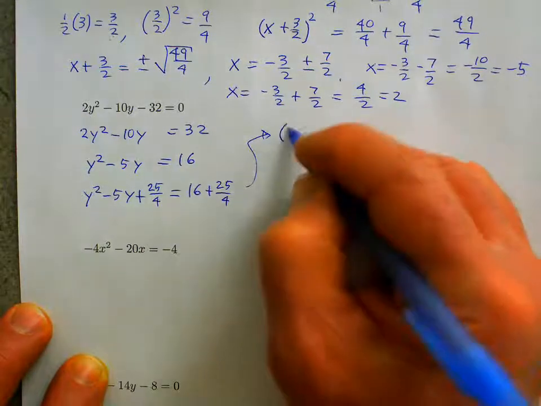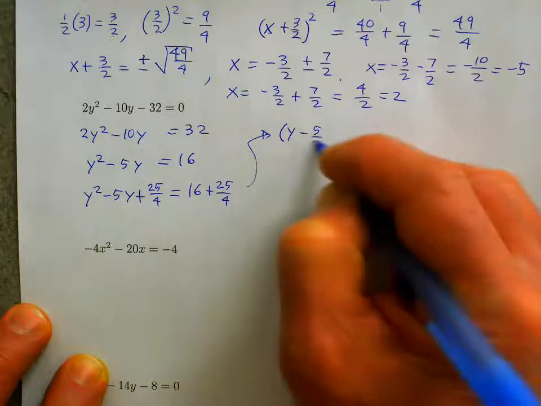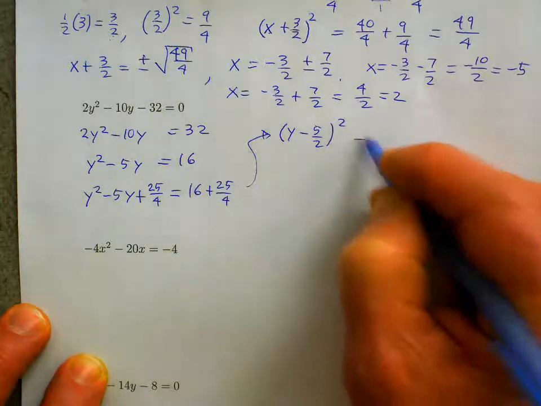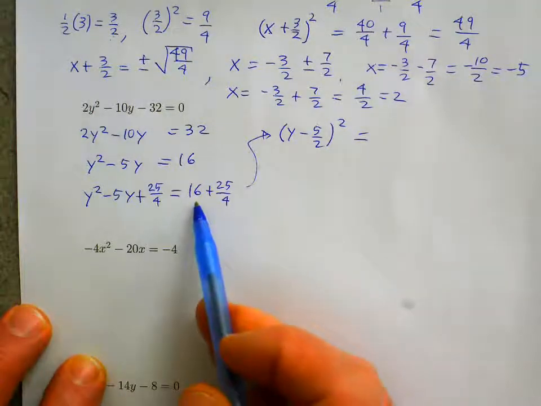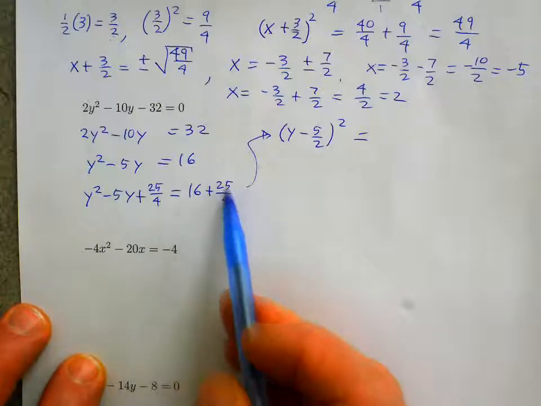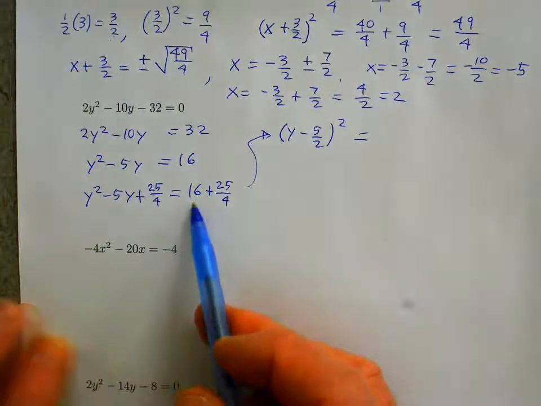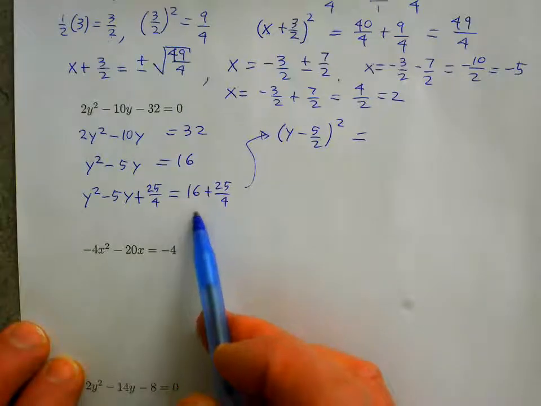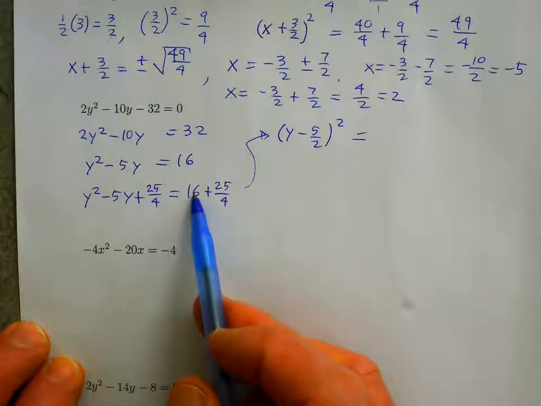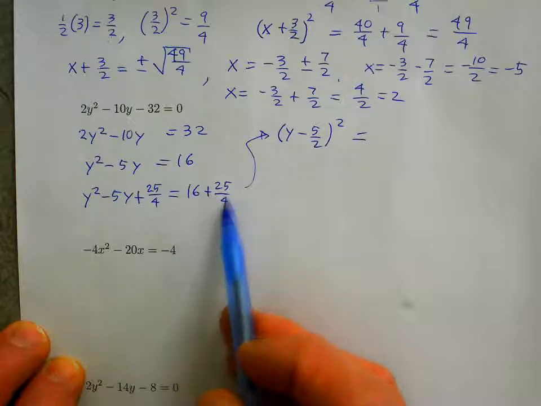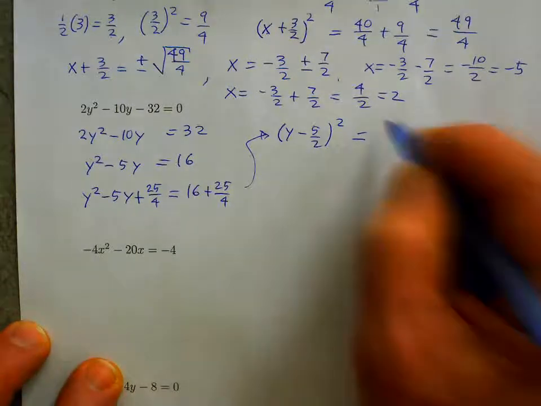It's y minus 5/2 squared. And the right-hand side, 16 plus 25/4. 16 is equivalent to 64 over 4. And 64 over 4 plus 25 over 4 is 89 over 4.